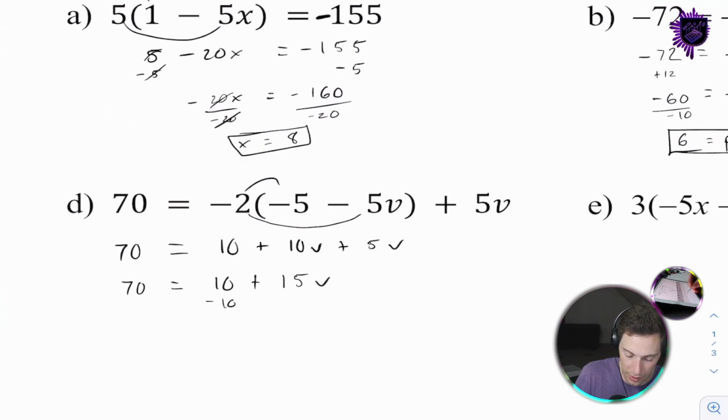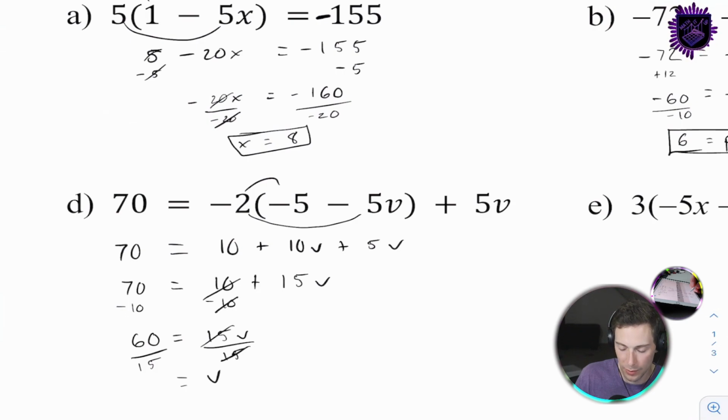Let's subtract 10 from both sides. Cancels out there. 60 is equal to 15v. Divide by 15. Divide by 15. Cancel. V is going to be equal to 60 divided by 15, which is 4. V equals 4.